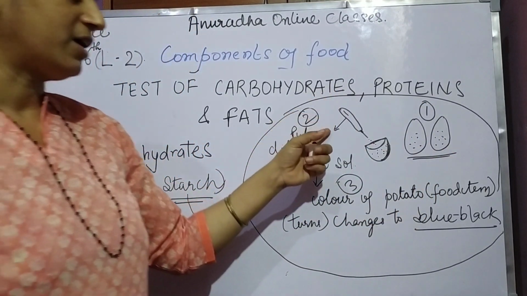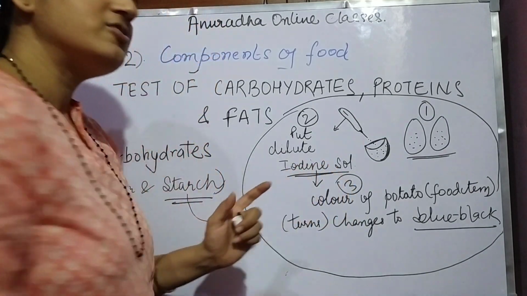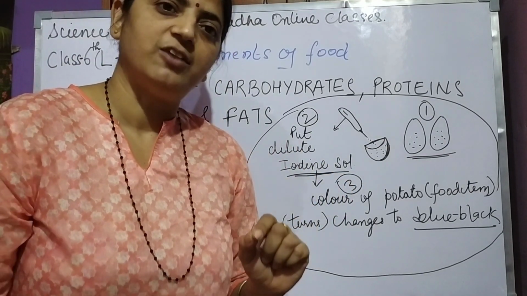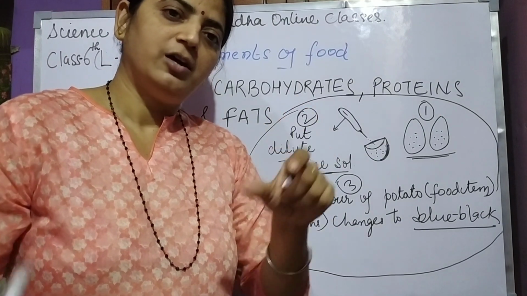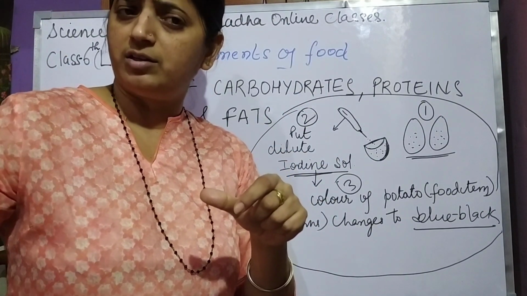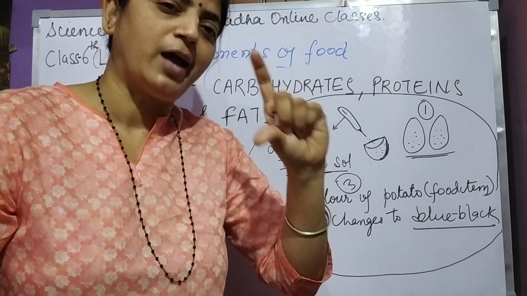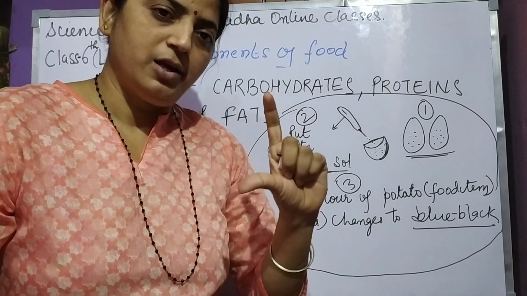After that, what did you do? You have to take iodine solution. Iodine solution you can make by yourself. Take tincture iodine, add water to it, and put it in a test tube, so that is also iodine solution.